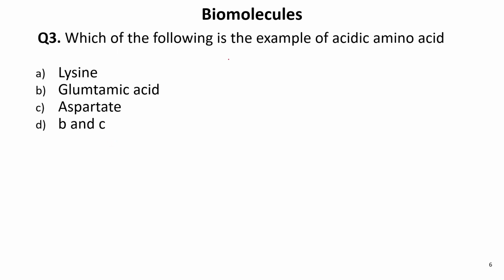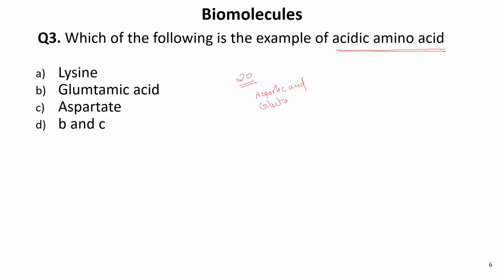Next question. Which of the following is the example of the acidic amino acid? So now we have 20 amino acids. And out of that, we have aspartic acid and glutamic acid.